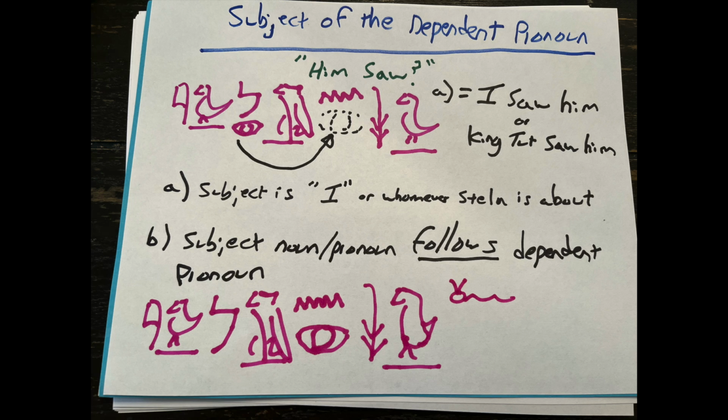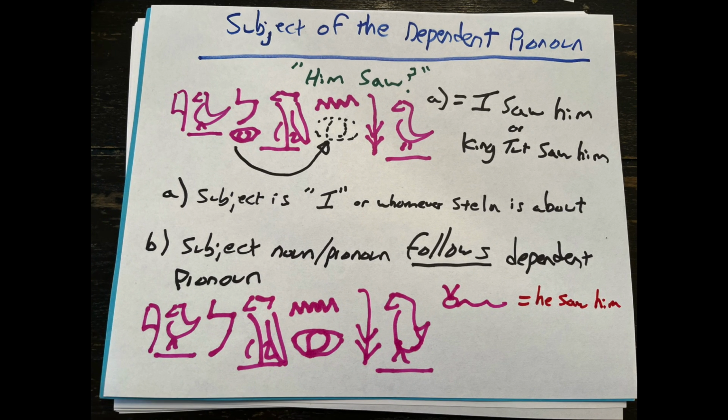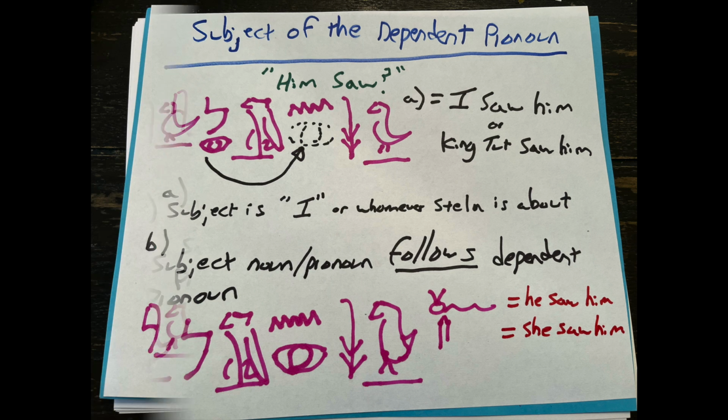So here we have as an example, we have him saw, but then we've added the suffix pronoun he after it. So it becomes he saw him. Do you follow? So we have him saw, but then by adding he after it, it now becomes he saw him.